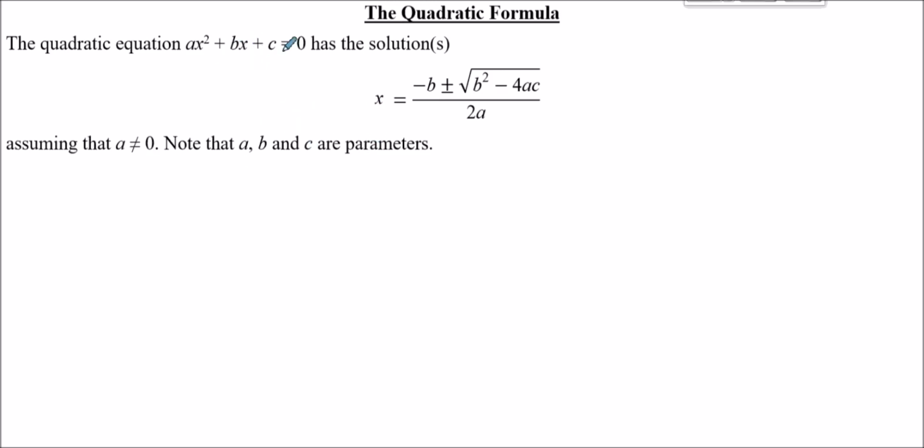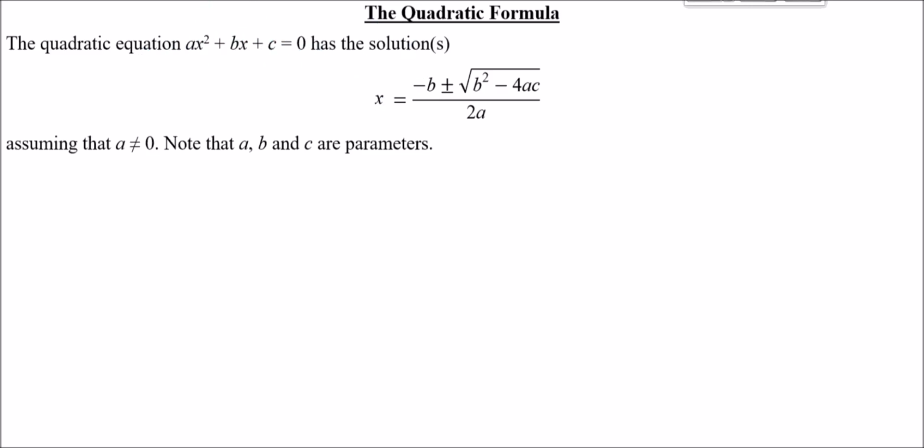So a, b and c aren't variables, so for any one equation they're constant, they're fixed. But parameters mean that between one equation and the other, a, b and c may change, but they're fixed for any one particular equation. So they can change, not within any equation, they're not a variable, but they can alter from one equation to the next, where this equation has the same exact form.